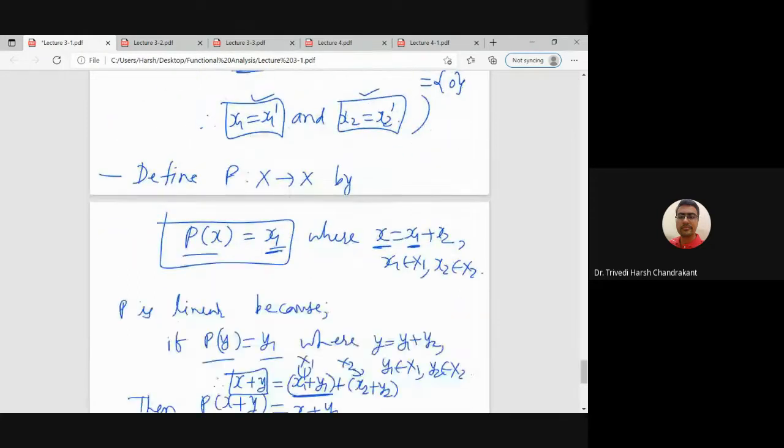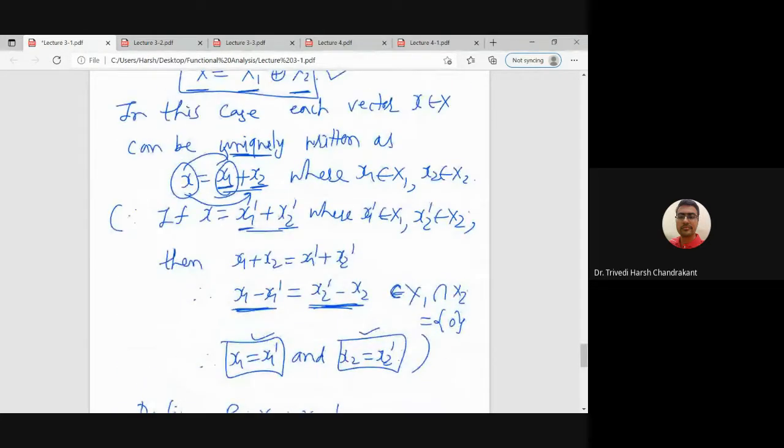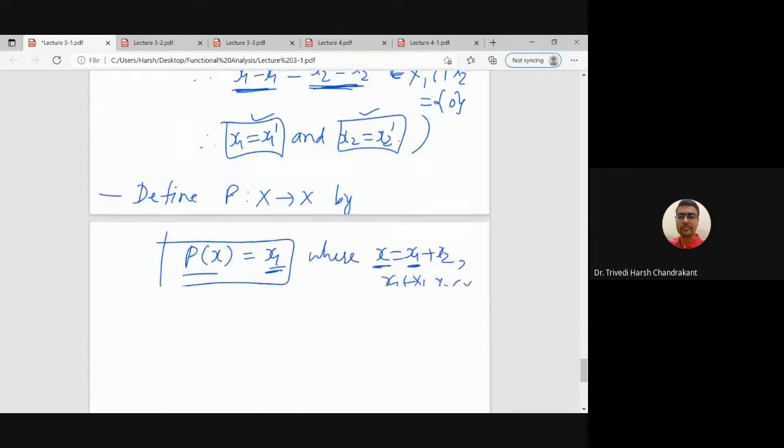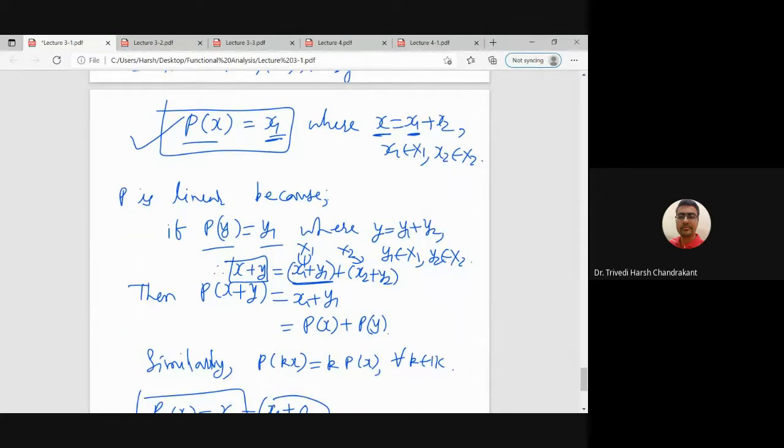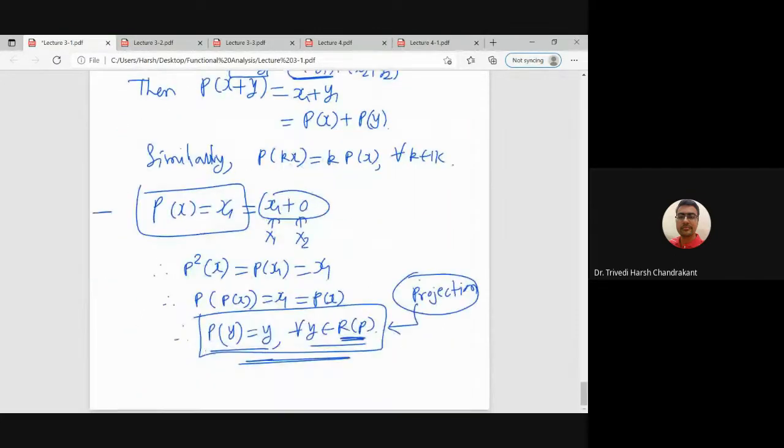Because we have a unique representation, every x we can represent as a sum of two elements using the direct sum decomposition. Here we have discussed the projection on the first component, that is on X1. That is a linear map, and not only is it a linear map, it satisfies this special property, which is the definition of projection in linear algebra.